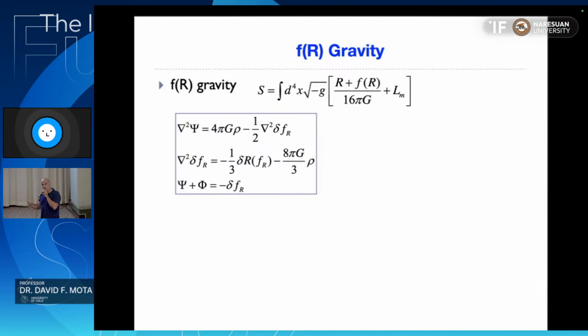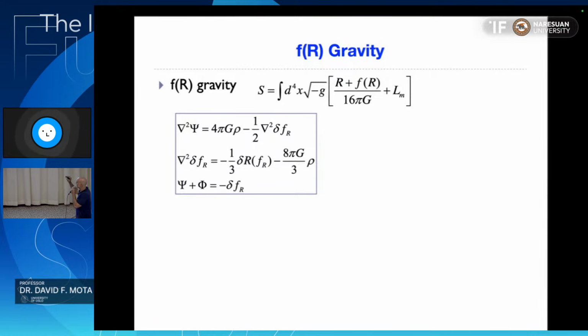So that means that the potentials of the metric are sourced by the matter. If I have a lot of matter, I will perturb a lot my space-time, but they're also perturbed by my scalar field there, the scalar degree of freedom.